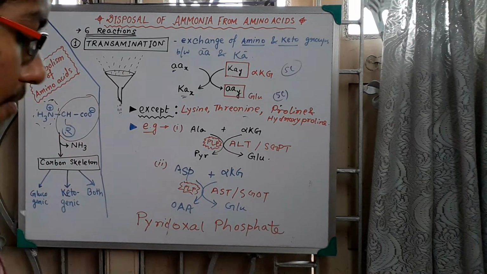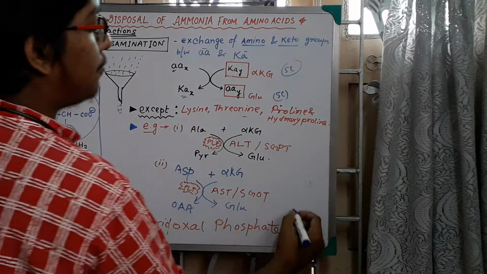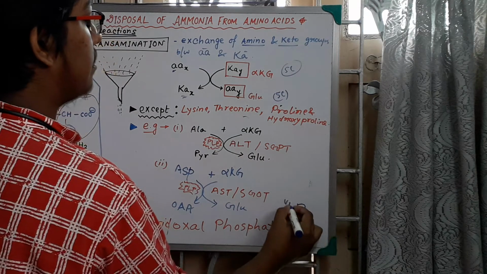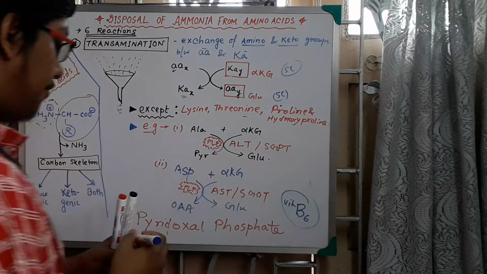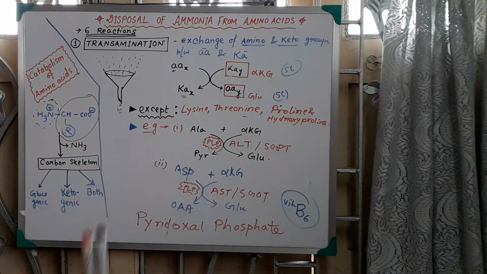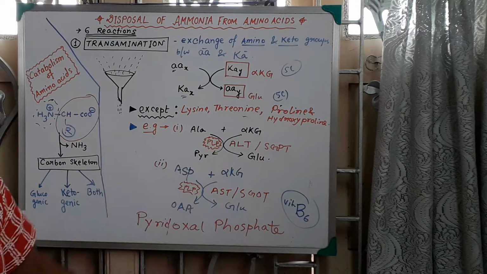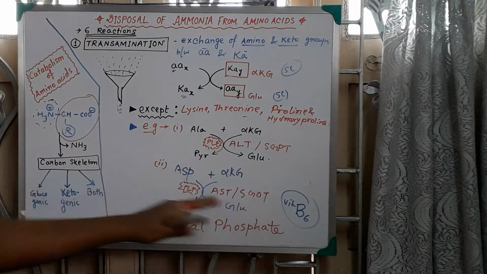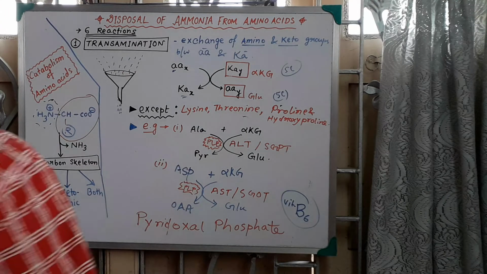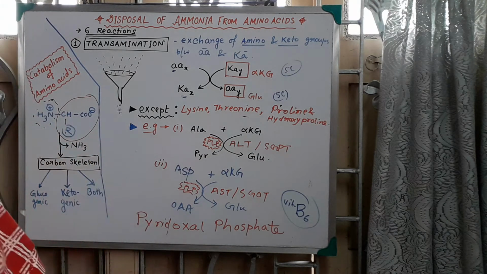This pyridoxal phosphate is the active form of vitamin B6. If there is a deficiency of vitamin B6, then the transamination reaction will not occur properly.